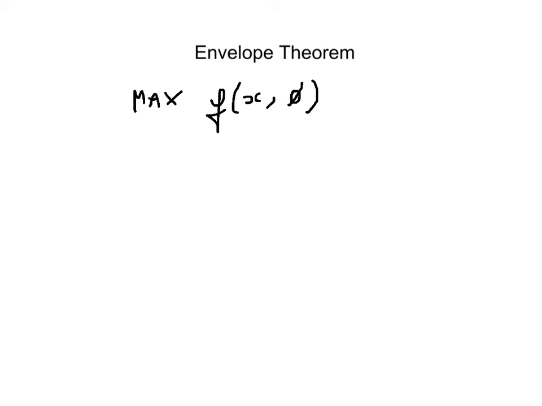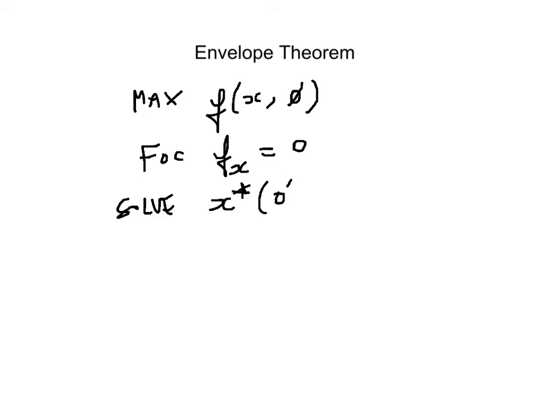We would first look at the first order condition, partial derivative of f with respect to x, set that equal to 0. We would solve and we would find a value x star, right? So solve, and x star is a function of phi, the parameter.